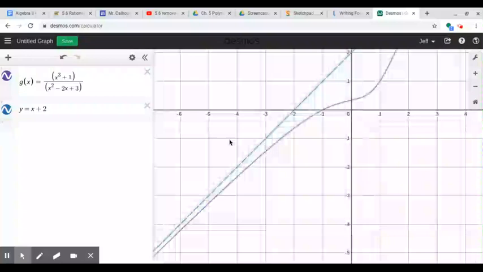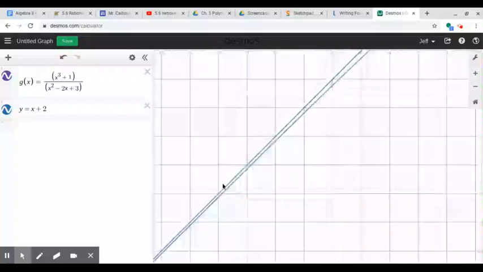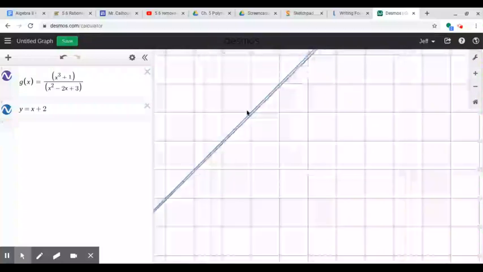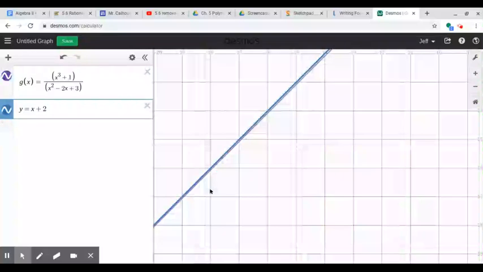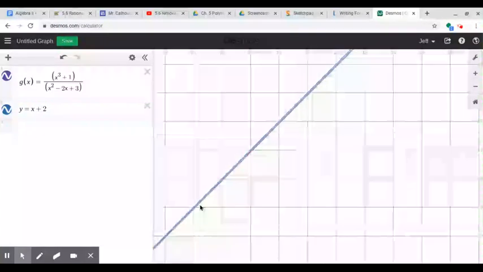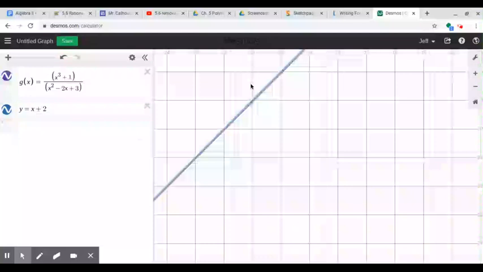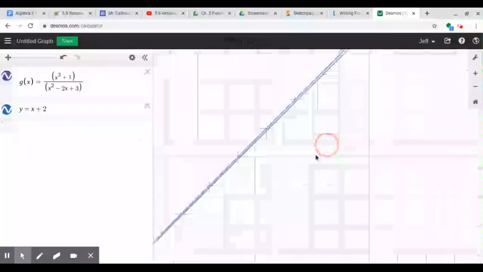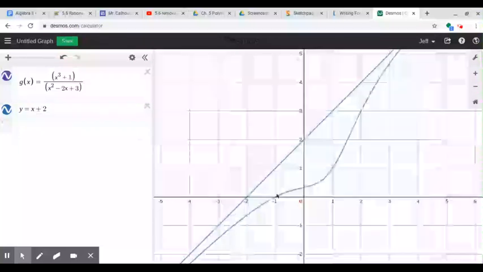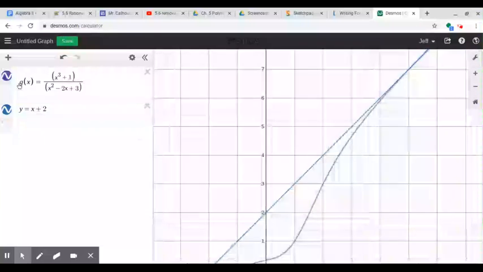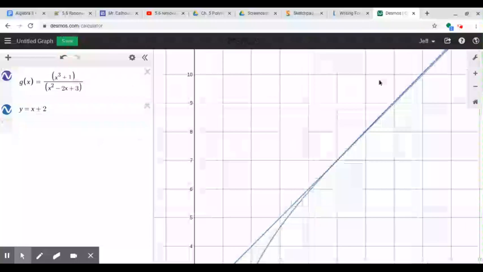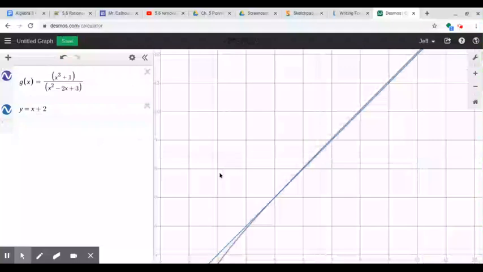And the same can be said as x approaches negative infinity, as x gets closer and closer to negative infinity, which it can never actually become. g of x is almost becoming y equals x plus 2. So this is a good example of a graph where our function is approaching our slant asymptote.